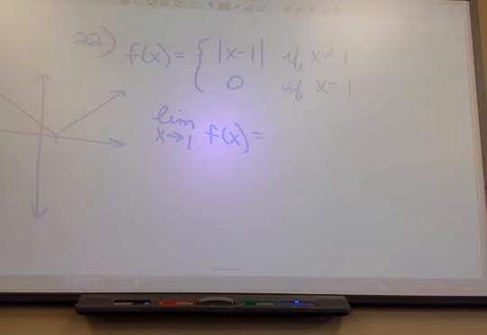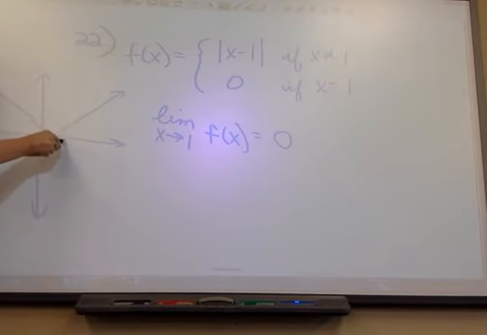Now they said that's good for every value except 1. But if x is 1, y is 0. So that closed dot would fill in the hole that was at the corner there, wouldn't it? What do you tell me if I get closer and closer to 1 from both sides? Does it go to the same place? Yes, it goes to 0, doesn't it?